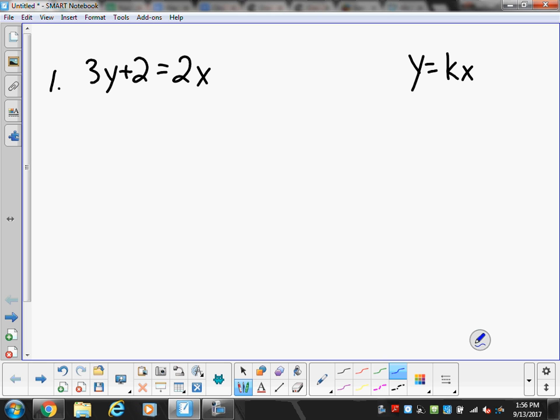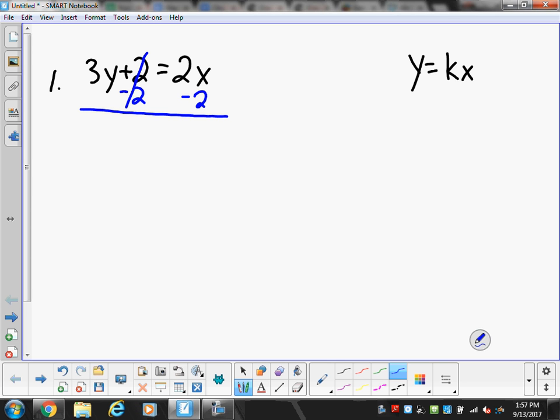But on the left side, there's two things to subtract it from. Which thing am I going to subtract it from? I want to get rid of the 2, so I'm going to subtract it from the 2, because 2 minus 2 is 0, and that's what we're trying to do, eliminate that 2. Now I have to go over to the right side and subtract 2.